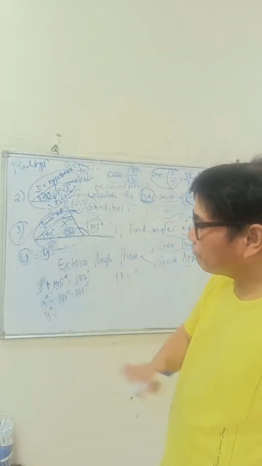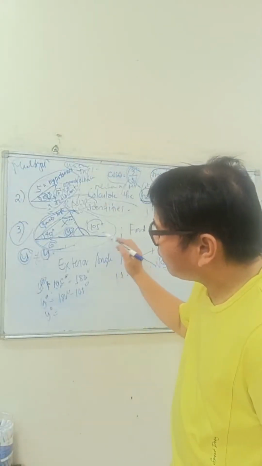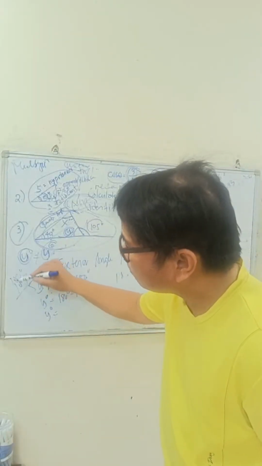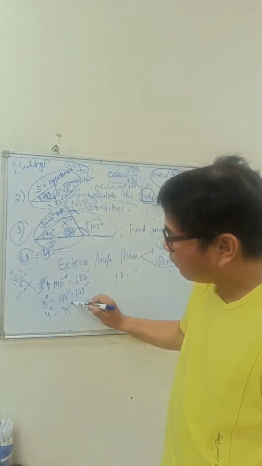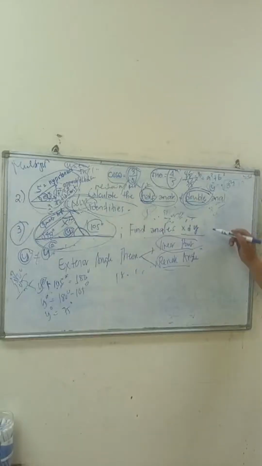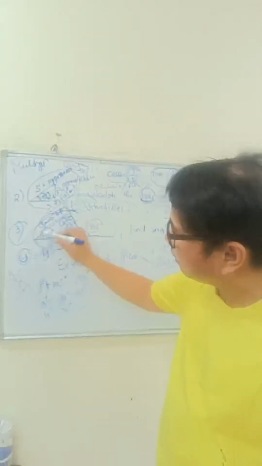That's only an example. Okay, so 180 degrees minus 105. Okay, things like that. And this is going to be 75 degrees. 75 degrees is our y degree. So we have now the value of y degree and x degree. Y degree is 75 degrees. Right? 75 degrees, and there's only one missing angle, x degree.